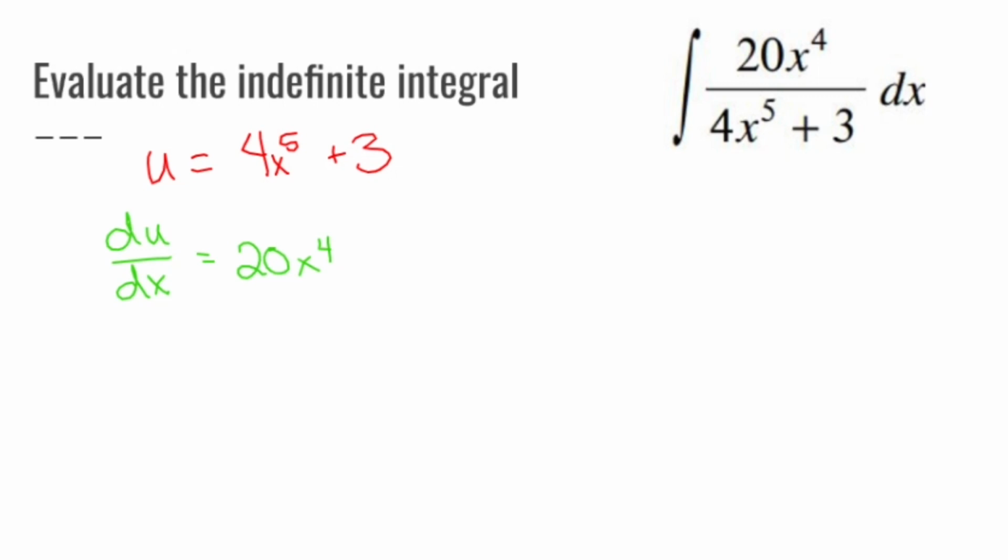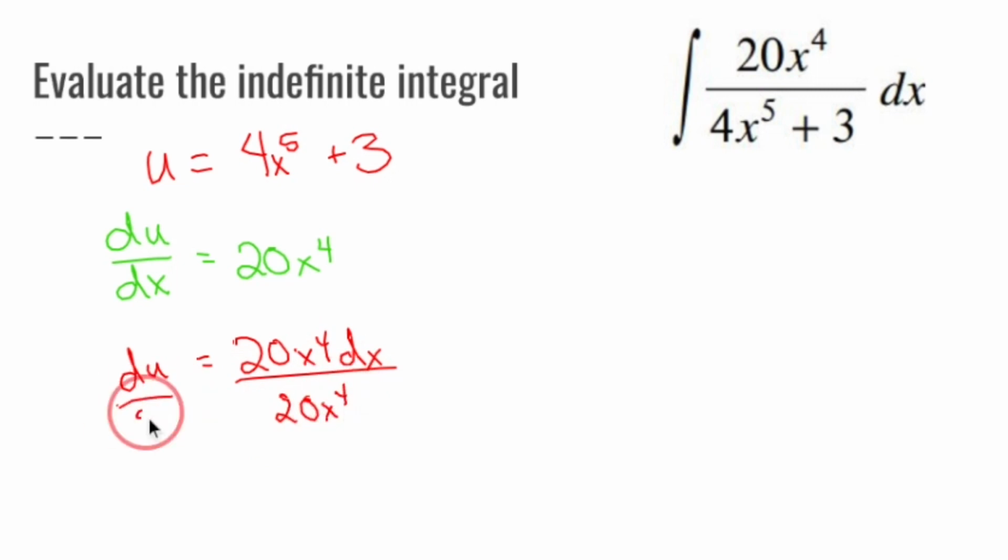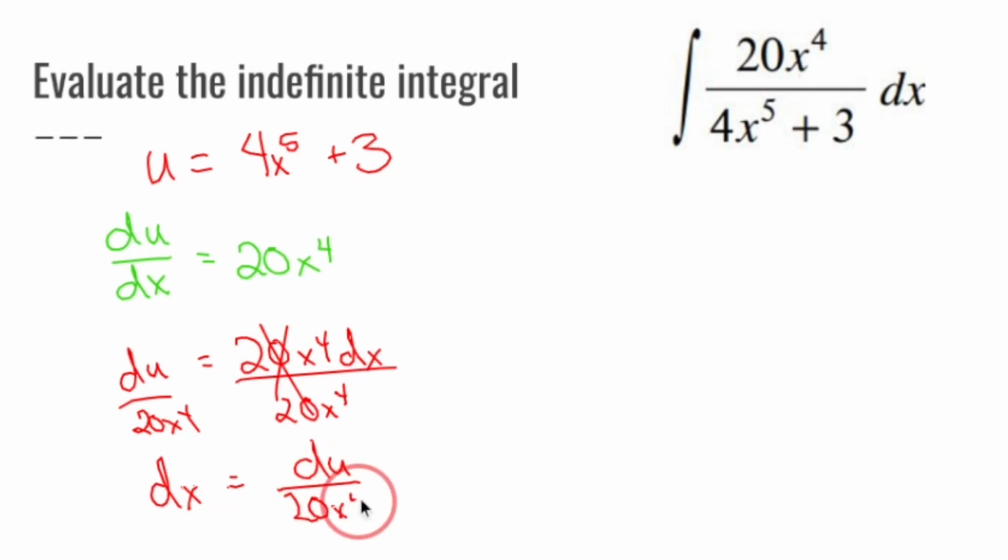So the way I turn this into dx is I multiply both sides by dx. So du equals 20x to the 4th dx. Divide both sides by 20x to the 4th, and now writing it out a little bit nicer, dx equals du over 20x to the 4th.